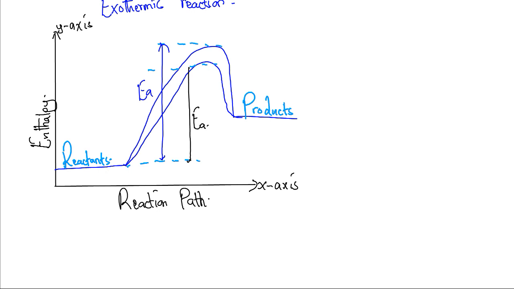The uncatalyzed is longer, so this is the one for uncatalyzed. Then this is the one for catalyzed. It is lowered by the catalyst. So this concept is the one in an endothermic reaction.